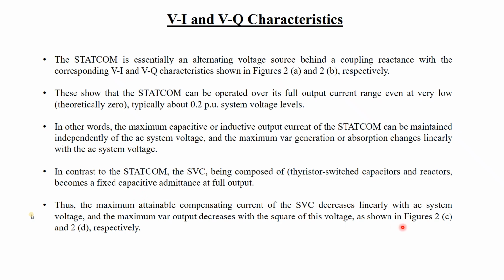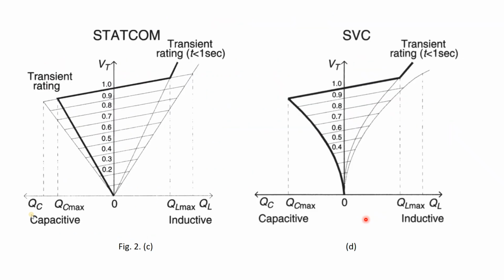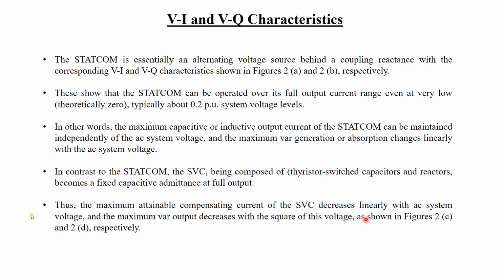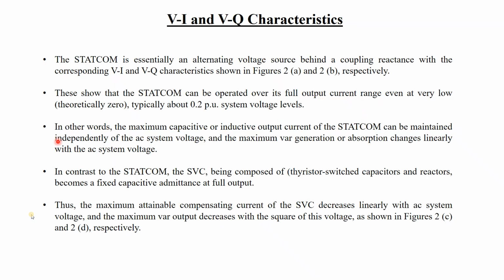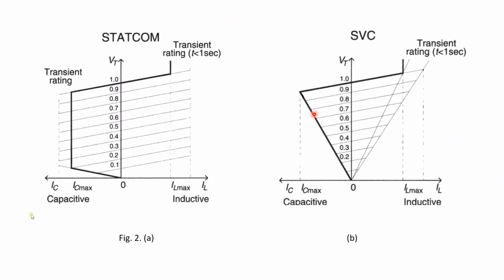Now for the second case, the VQ characteristic. The maximum attainable compensating current of an SVC decreases linearly. Since the capacitor current is fixed at very low voltage also for STATCOM, as per this particular figure, the maximum attainable compensating current of the SVC decreases linearly with the system voltage.